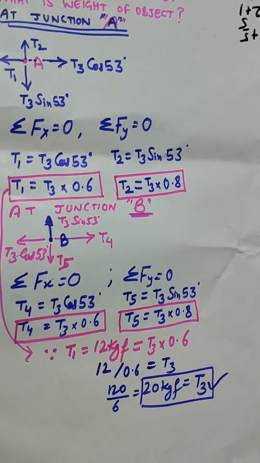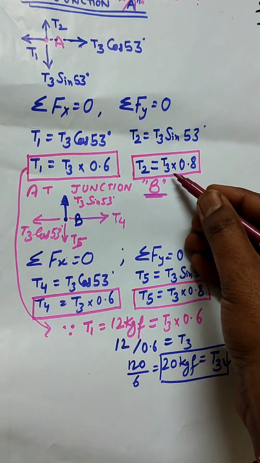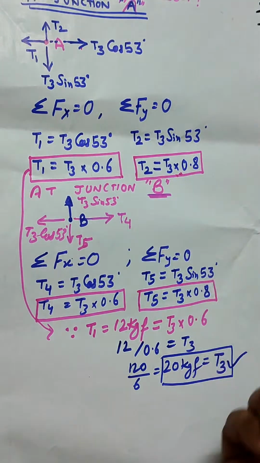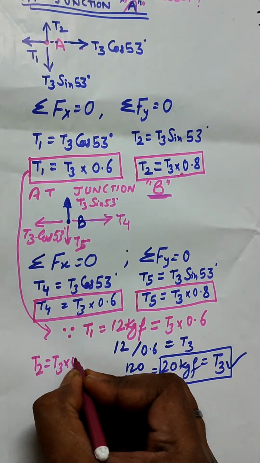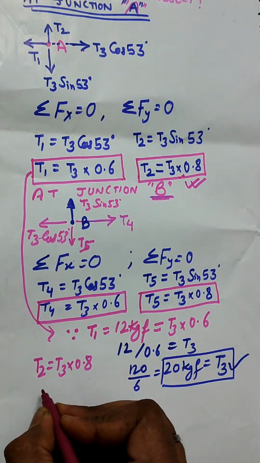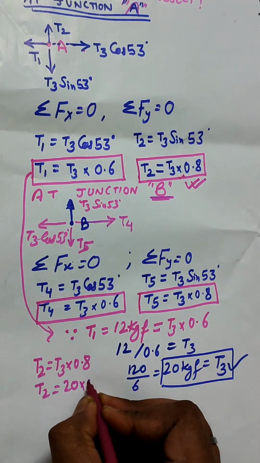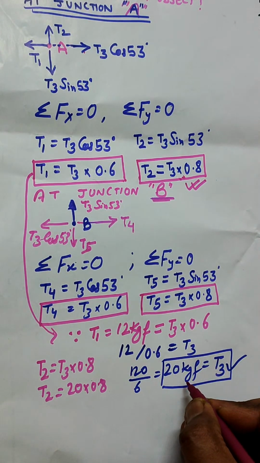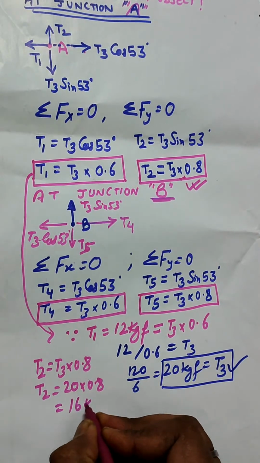Now the value of T3 is known to you, so putting the value into the second equation, T2 equal to T3 into 0.8, we can write T2 equal to 20 into 0.8, because T3 is calculated as 20. This will give you 16 kgf.